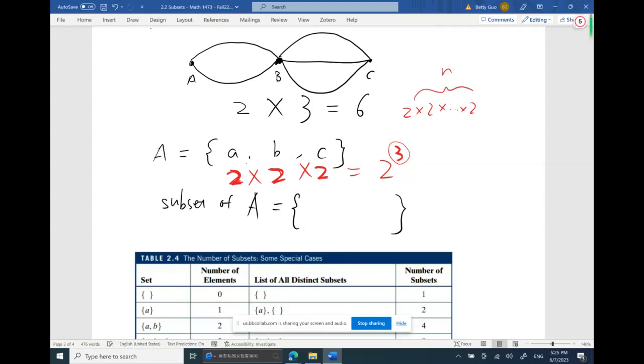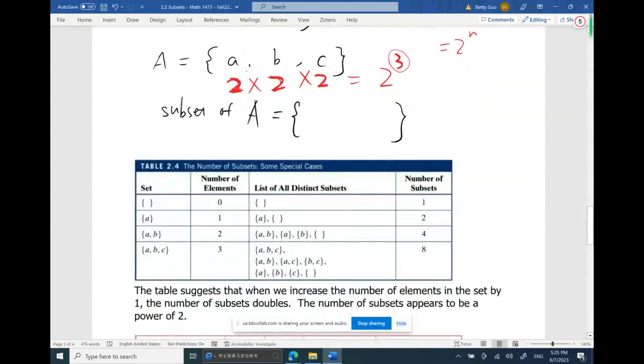We have n elements to determine, right? So that's the reason we have 2 to the power of n different ways to form a subset for set A. 2 to the power of n is the number of different subsets for a set A if it has n elements.